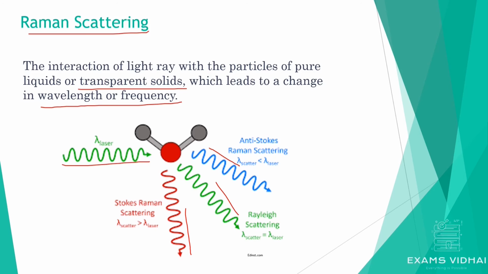When the wavelength of the scattered light is greater than the wavelength of the incident light, then it is called Stokes-Raman scattering. When the wavelength of the scattered light is equal to the wavelength of the incident light, which is here the lambda of laser, then it is called Rayleigh scattering. And when the lambda of the scattered light is less than the lambda of the incident light, then it is known as anti-Stokes-Raman scattering.